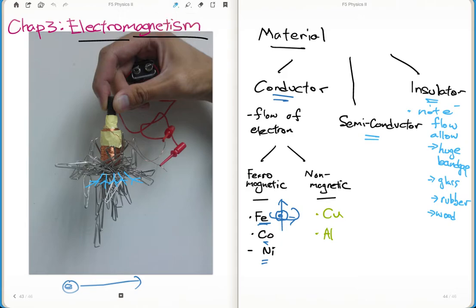This region around here will experience magnetic force. The symbol is F for force, B for magnetic, and this is called the magnetic field.